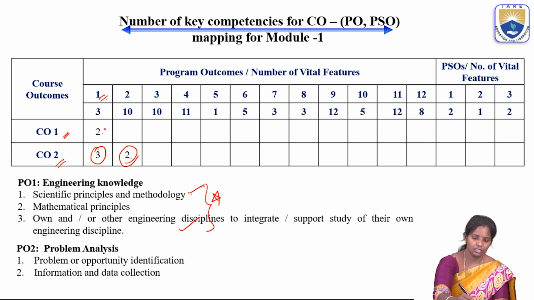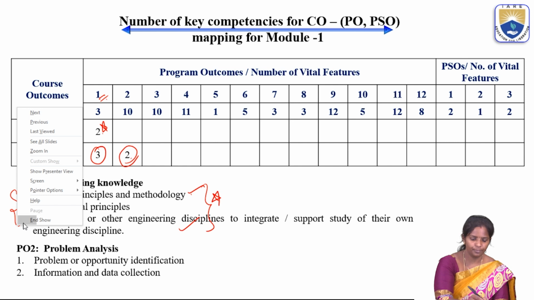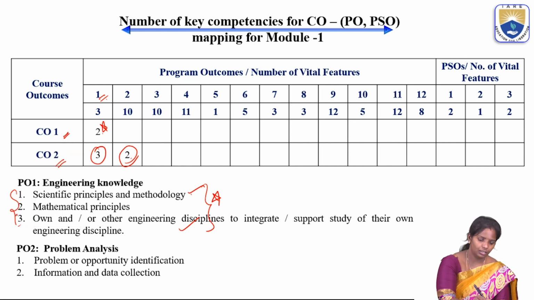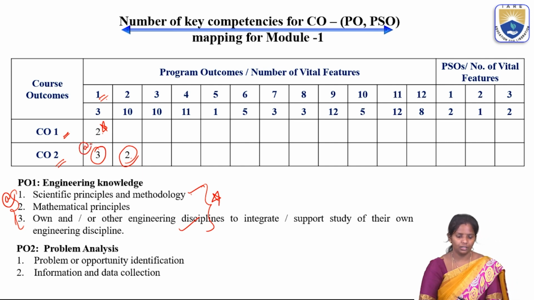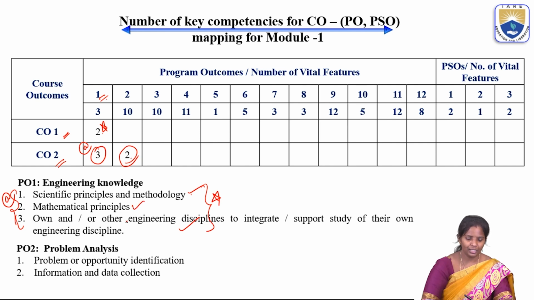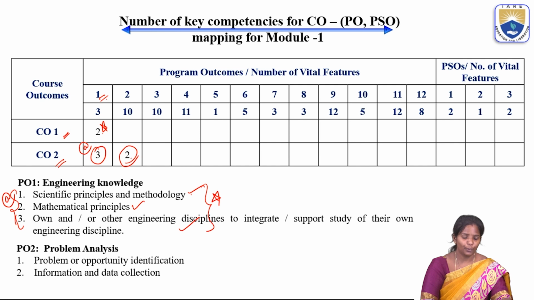And for CO2, there are 3 for PO1. So for PO1, all the 3 are considered, because we have even mathematical principles that are applied during problem solving. That is why we have 3 here.